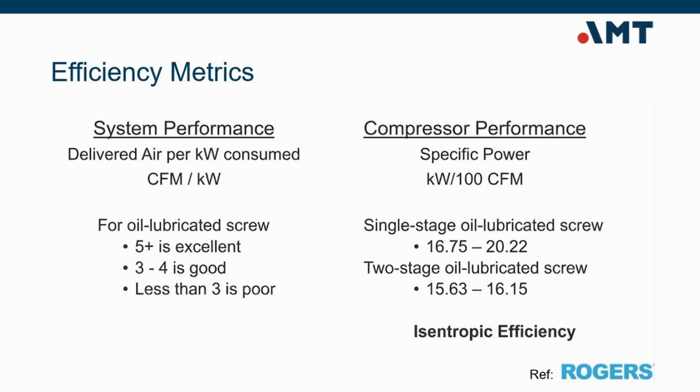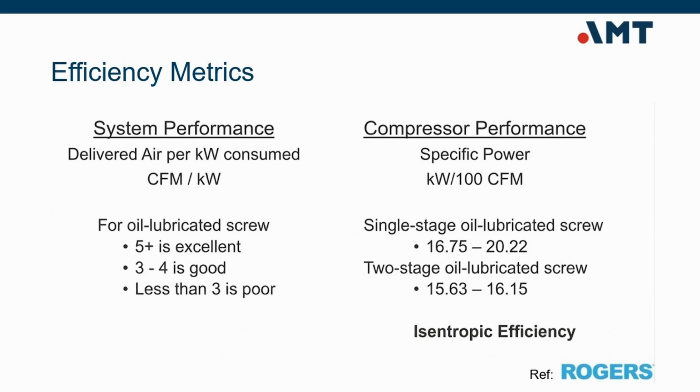Lower specific power means better efficiency, less energy required to produce the same airflow. You will also see the term isentropic efficiency, which relates to how closely the compressor approaches ideal thermodynamic performance. While more technical, it reinforces the same idea: minimizing energy losses during compression.